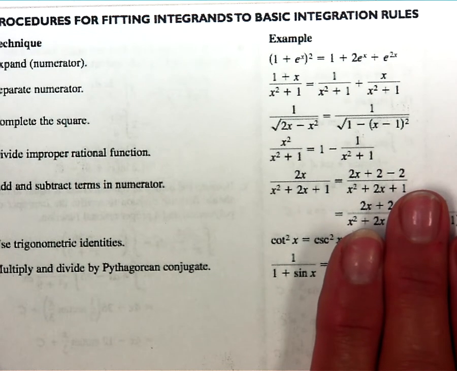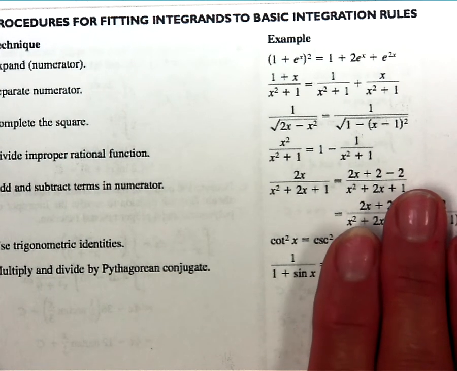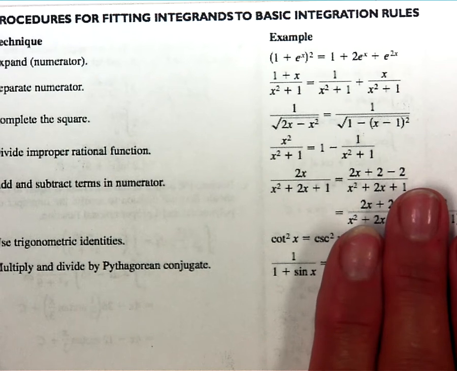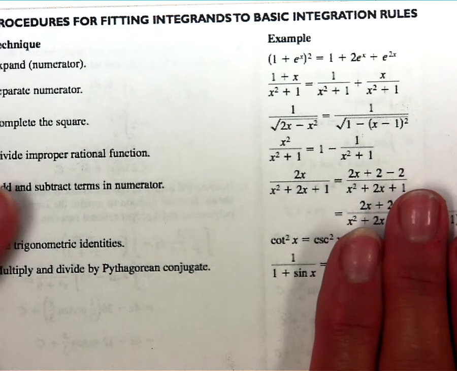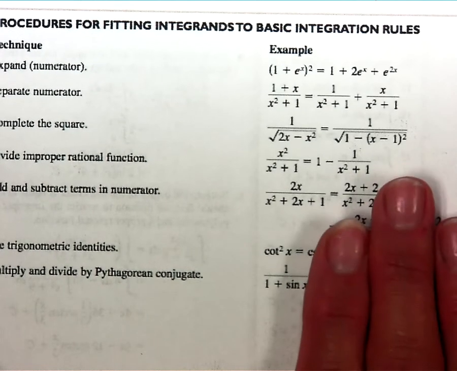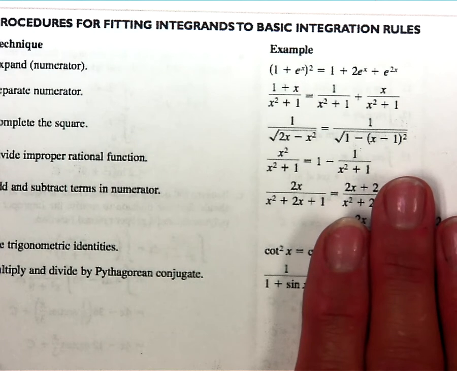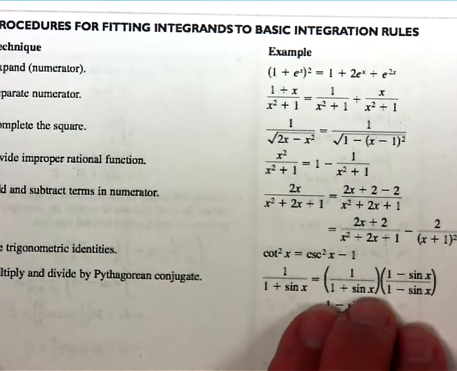Or even if I just let u be sine x, there would have to be a cosine x in the numerator. So my first instinct is, well, I just can't do that. And it never would have occurred to me if I hadn't had a teacher or a book say, hey, here's another tool for your toolbox. Multiply by the Pythagorean conjugate.